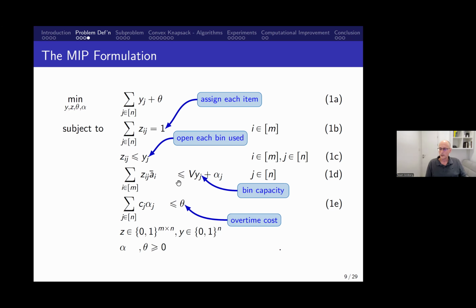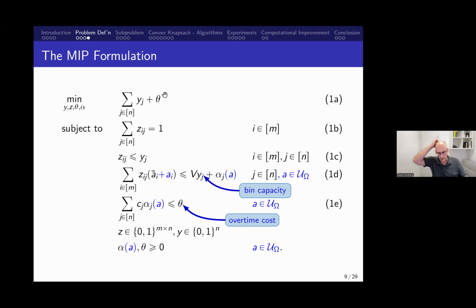Okay, so whatever is in excess of the bin capacity V would be the overtime. And we're minimizing the total cost, which is just the number of bins and the overtime cost. So this is the nominal problem.